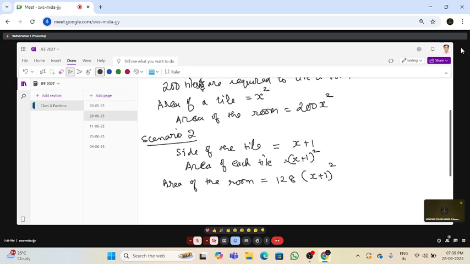Now you have calculated the area in 2 scenarios, and the area has to be equal, right? The area of the room is the same, right?